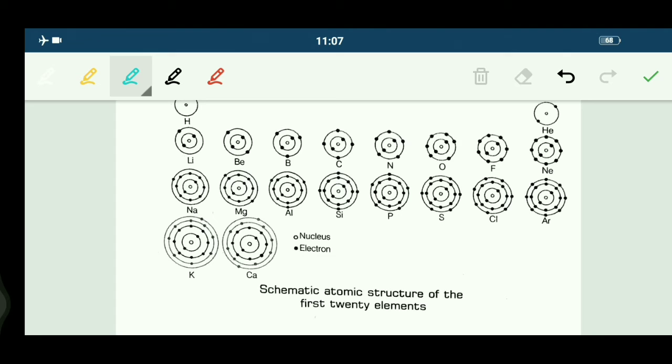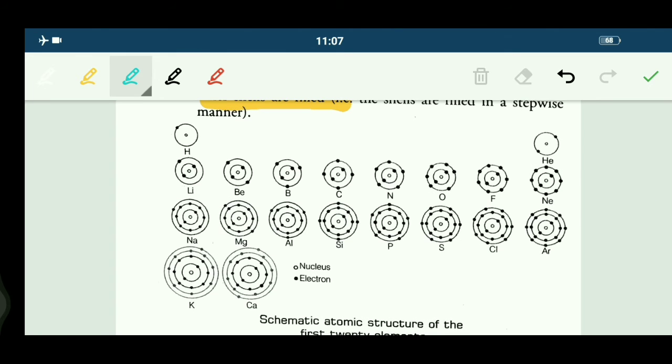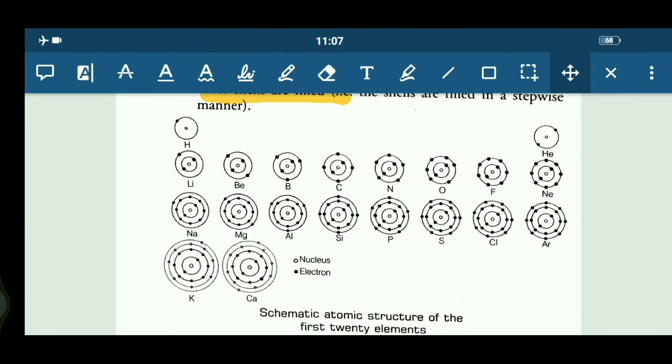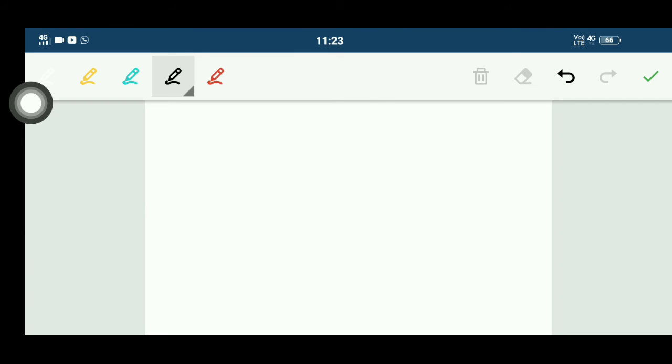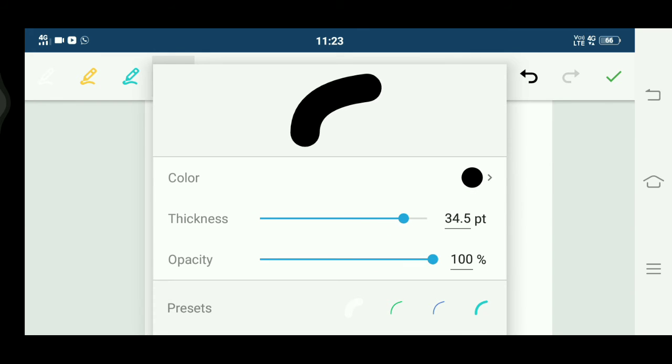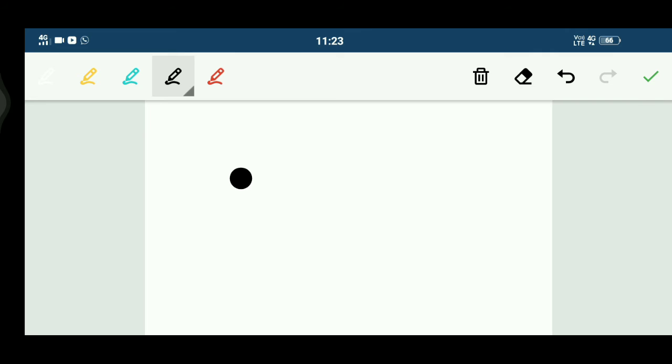Now I am going to make the schematic atomic structure of the first 20 elements. Fine, children, it's very simple. I want everybody to do it with me. Now we'll be discussing the distribution of electrons. First of all, the first element, that is hydrogen.